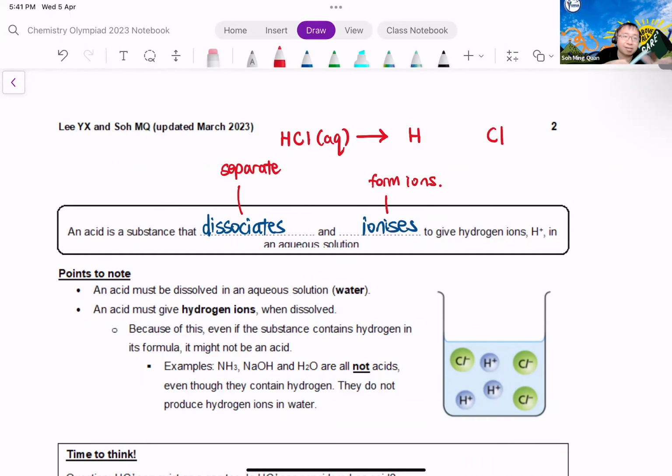You have learned Na+, Cl-. Ions are formed when atoms lose or gain valence electrons. Ions have charge because when you lose electrons, you gain electrons, you become charged. So in this case, the charge is H+ and Cl-. Okay? Finally, importantly, this takes place in aqueous solution, means it's dissolved in water. Okay?